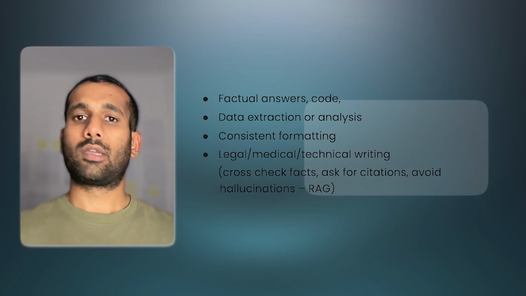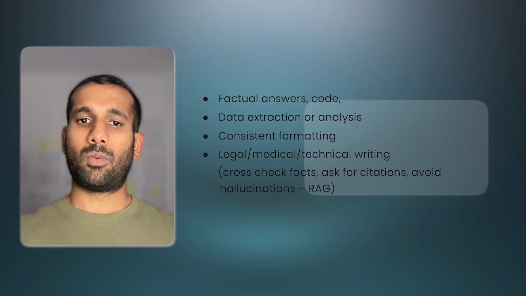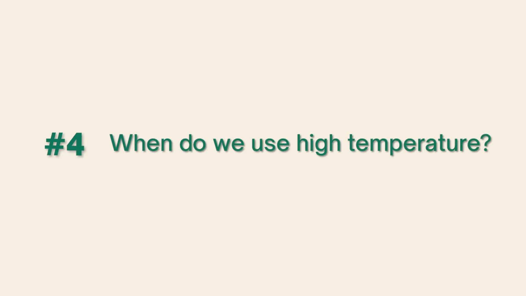One thing to note here is you always want to cross-check facts, ask for citations or references, and even then it can make mistakes, so you also want to avoid hallucinations. We'll talk more about this and how using a RAG might be a better solution based on your requirements. Basically, you want to use low temperatures when you need a low level of creativity and a higher level of predictability.